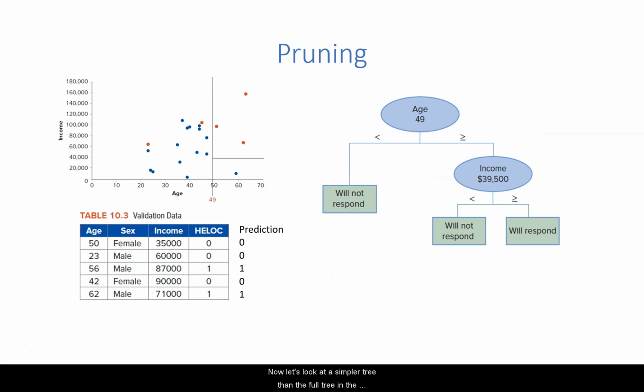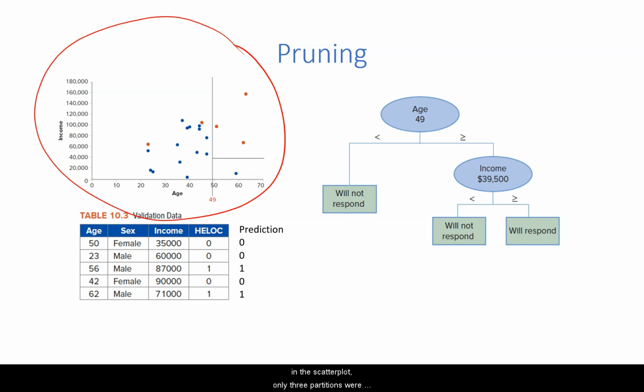Now let's look at a simpler tree than the full tree in the last slide. As you can see, the classification tree only has 2 splits and 3 leaf nodes. If you look at the recursive partitioning process displayed in the scatter plot, only 3 partitions were made, and one of the partitions is not completely pure.